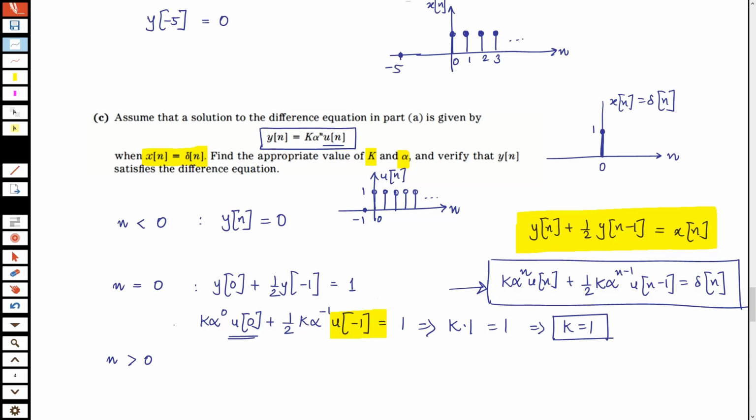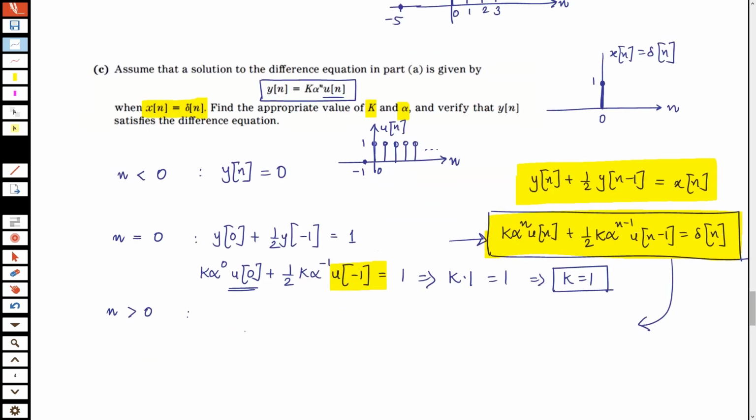This is for n equal to 0, and then what happens for n greater than 0? Let's write that expression again. Let me just rewrite it for delta n as the input, it would be easier. So we are basically saying yn plus half y of n minus 1 is equal to delta n.